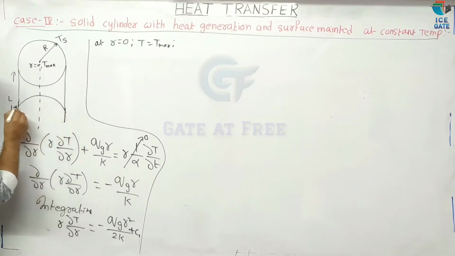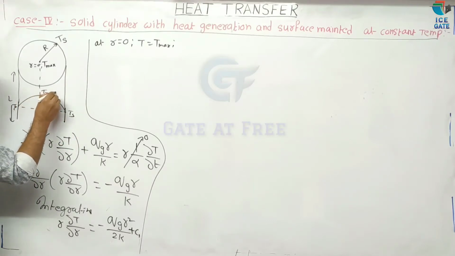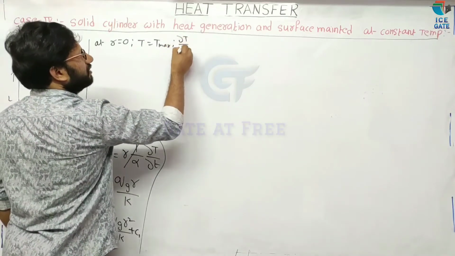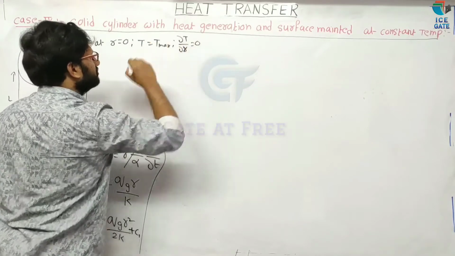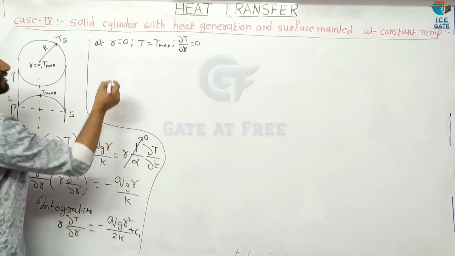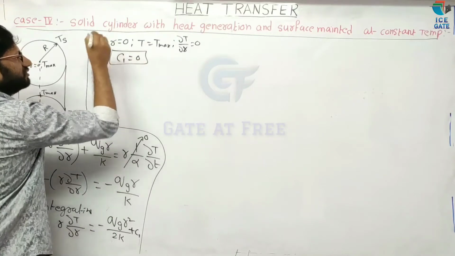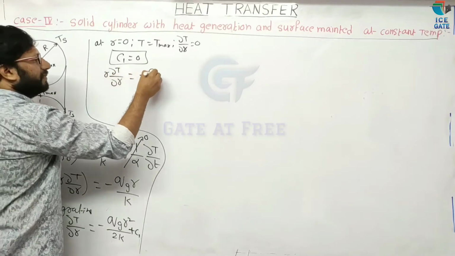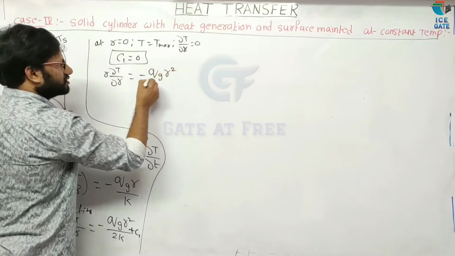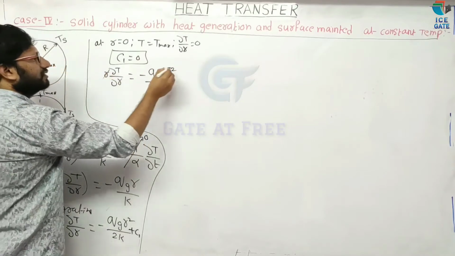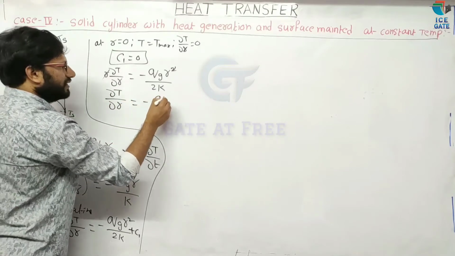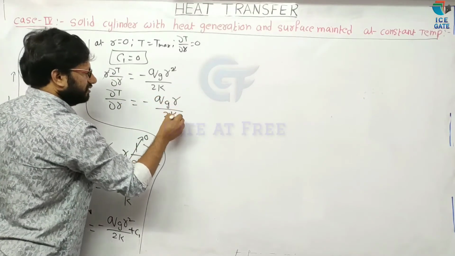At r equal to 0, temperature will be maximum, T max. Now at r equal to 0, the slope of temperature profile is 0. Therefore dou T by dou r equal to 0. Now substitute here, we get C1 equal to 0. Now the equation is r into dou T by dou r equal to minus qg r square by 2k. Cancel r, here r square. Now remaining dou T by dou r is equal to minus qg r by 2k.